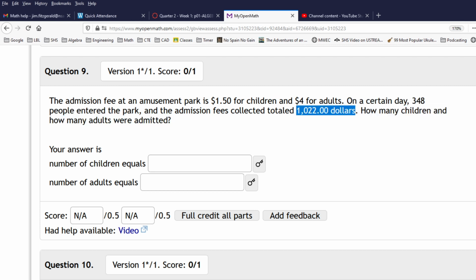It also tells me that there was a total of $1,022 collected that day. Now, how do I calculate how much of that was from children and how much was from adults? Well, I know that they charge $1.50 for each child, and I know that they charge $4 for each adult. So that 4 means multiply, and that tells me the amount of money represented by the children and the amount of money represented by the adults, and I have the total amount of money there as well.